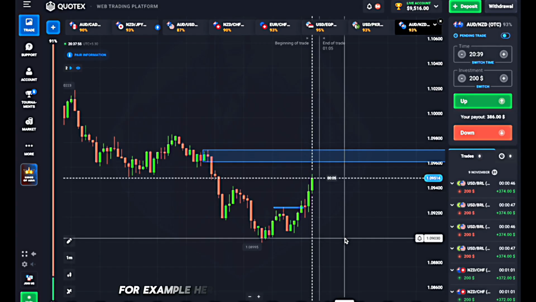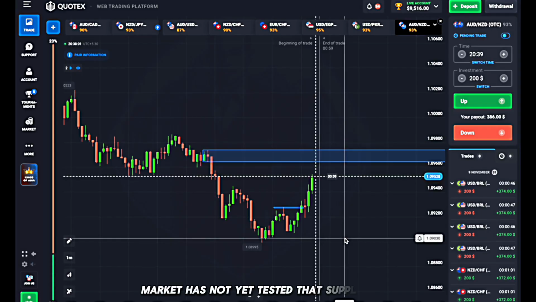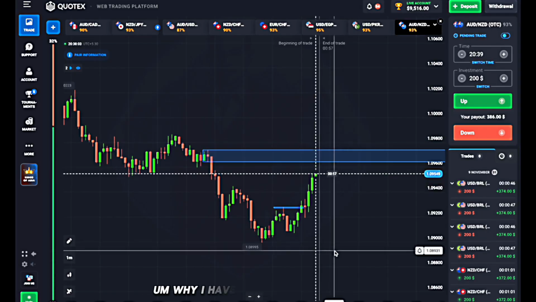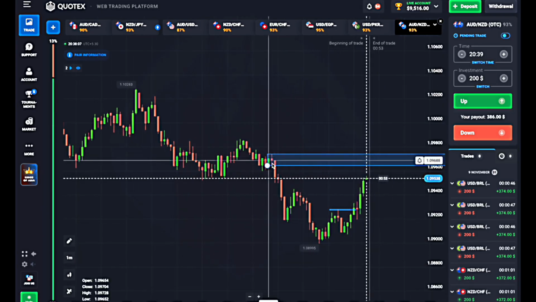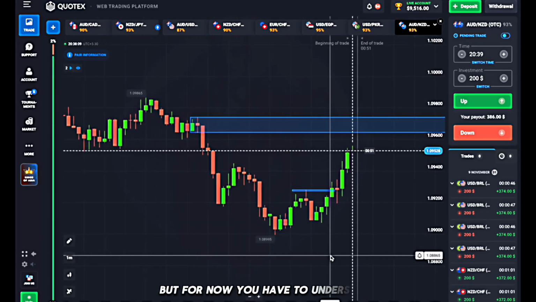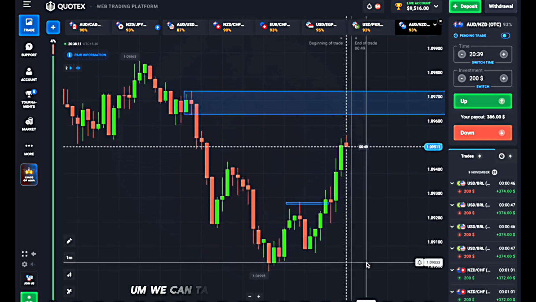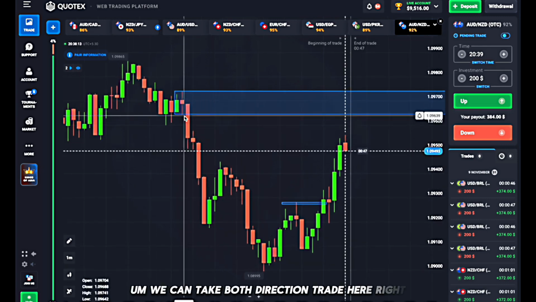For example, here I have already marked my strong supply zone. Market has not yet tested that supply zone. Why I have marked that supply zone, I will explain you with a logic, but for now you have to understand we can take both direction trade here, right?